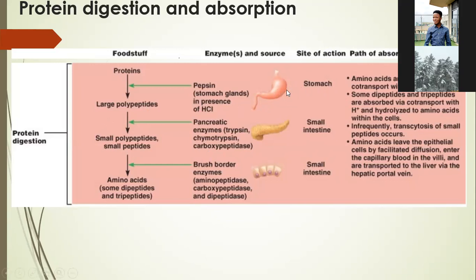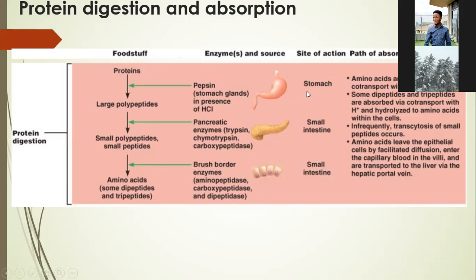So it will produce a lot of hydrochloric acid, which will create an optimum pH for the pepsin, which is also an enzyme produced by the stomach lining. So the pepsin will be produced and it will act on the proteins.